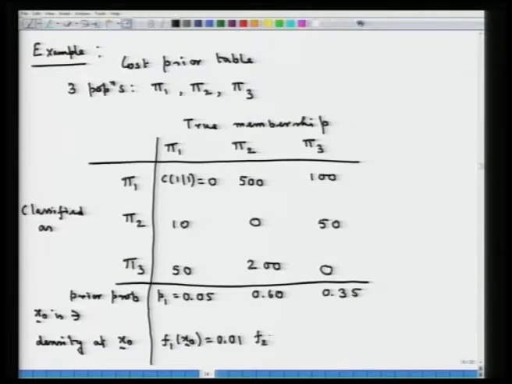This is f2 of x naught, that is the density of this multivariate vector x naught under the second population pi 2, which is say given by 0.85, and this is f3 of x naught, for the third population. This can be anything else also, but say it is given as 2.